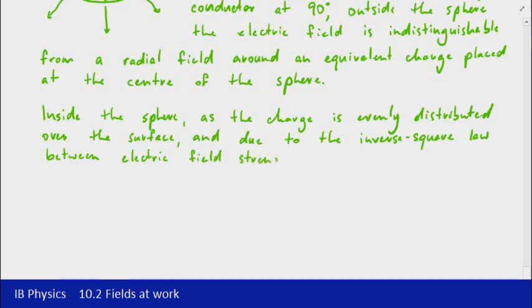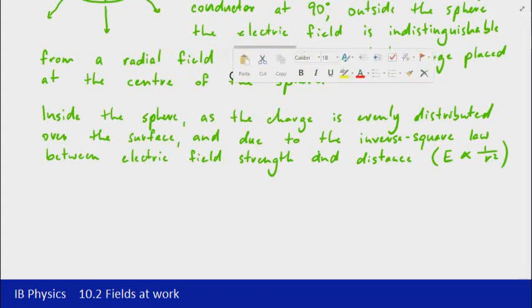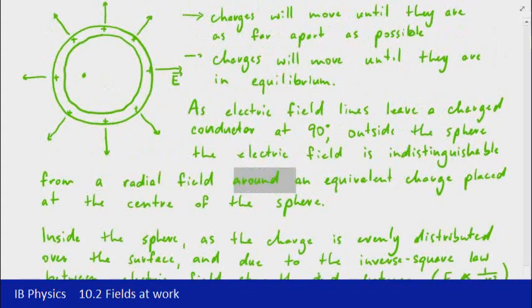So due to those two ideas, and just to make a note here, the inverse square law that we're really dealing with is that electric field strength is inversely proportional to the square of the distance. So we've got the symmetry of the charge distribution, and then we've got this idea that if we have, say, a point here, then a smaller distance to that charge, a larger distance to that charge.